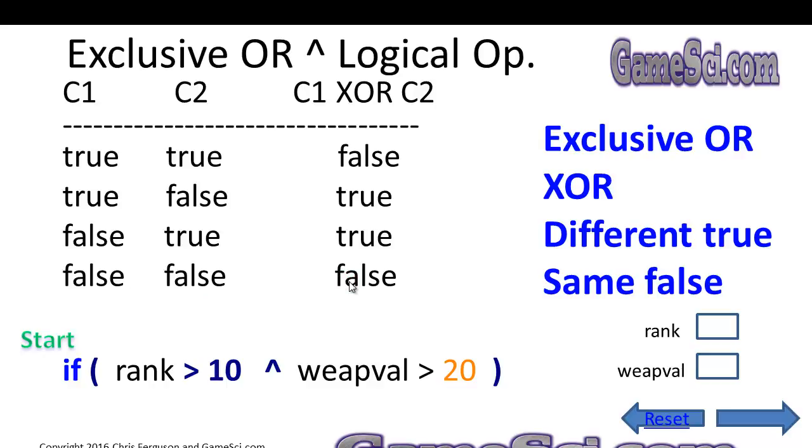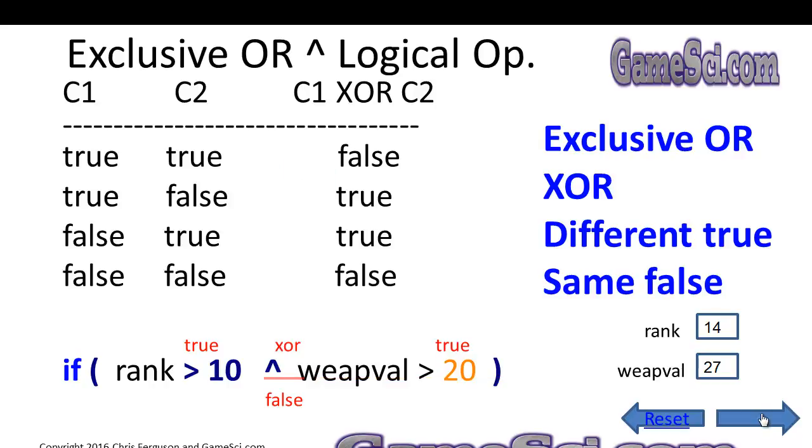Let's again run through an example here with the animation. Rank greater than 10. Rank has the value of 14. 14 greater than 10 is a true statement every time. So one input is true. Then we'll go look at the other input. Weapon value, WEP-val 27. 27 is greater than 20. That is a true statement. Strangely enough, that's bad if you're looking for true. 2 inputs of true, according to the truth table, should produce a false result.